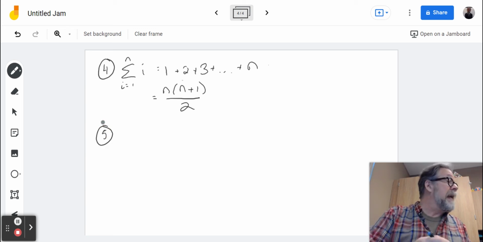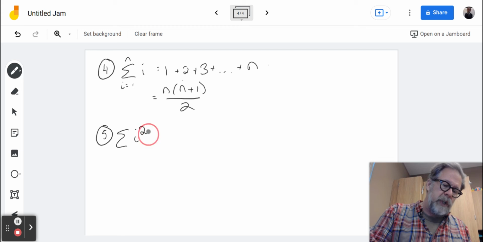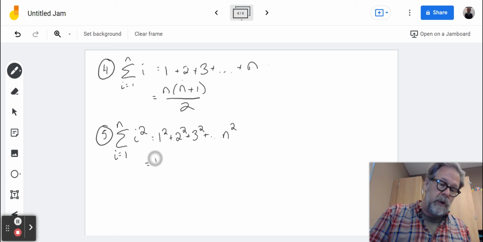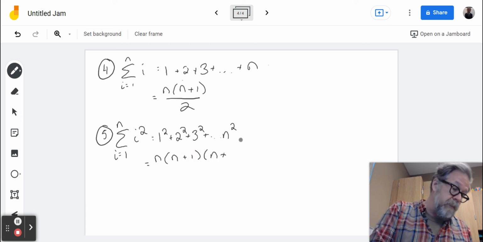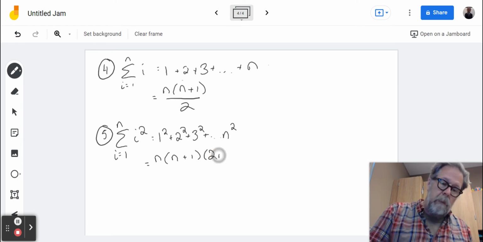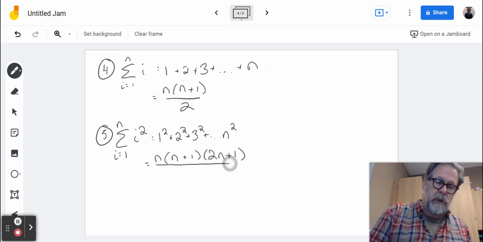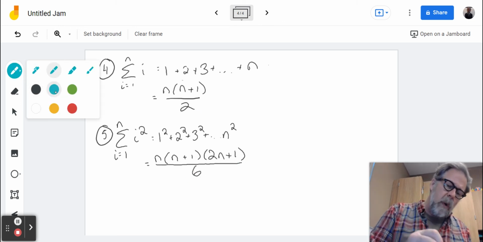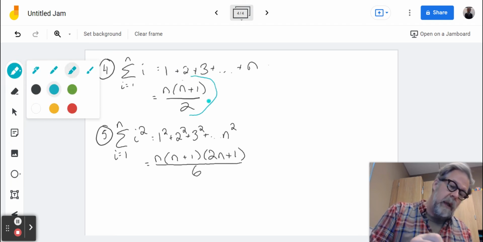Let's look at number 5, which is I squared, going from I equals 1 to I equals n. Well, this is 1 squared plus 2 squared plus 3 squared plus ... the sum of the perfect squares. And what we get is that the sum of the perfect squares is n times n plus 1 times 2n plus 1, all divided by 6.